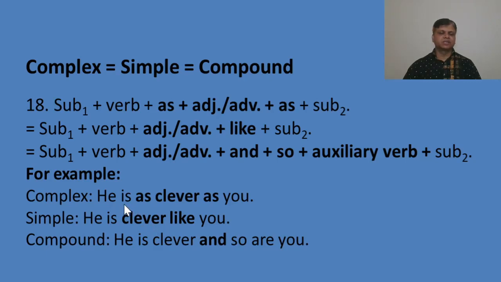Here is is the verb of the main clause, so he follows is, but you follows are, that's why are is used as an auxiliary verb. So students are advised to follow the structure properly, carefully, attentively.